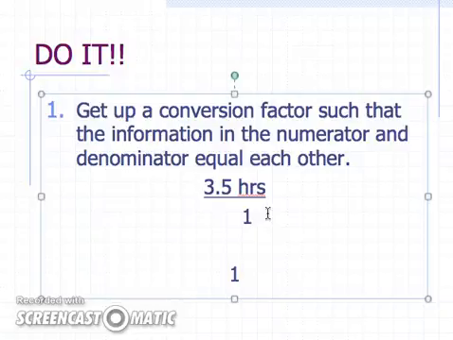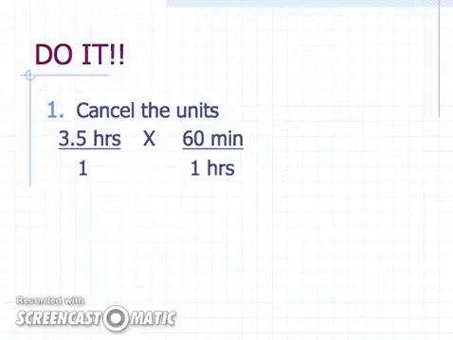Well, we already know from all of our previous experience in telling time that 1 hour is equal to 60 minutes. So we're going to use this conversion factor in such a way that we end up with minutes on top and hours on the bottom. And we can see here that we've got our original given information, and we're multiplying by the conversion factor of 60 minutes over 1 hour.